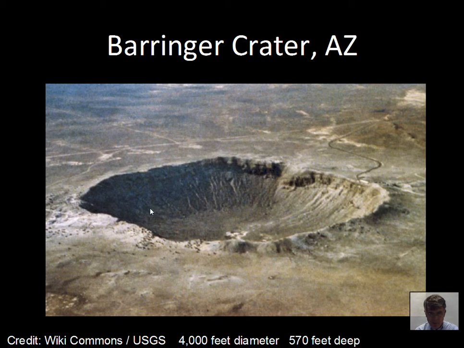So one of these objects comes in, one larger than the one that made this crater in Arizona. As the impact occurs, it throws up tremendous amounts of material into the atmosphere, and some of that material then re-enters. As the rocks re-enter the atmosphere, they're hot, and they can start fires around the world as this debris is ejected from the local impact site and takes its own little miniature trajectories, not quite orbit because they're coming back into the Earth.